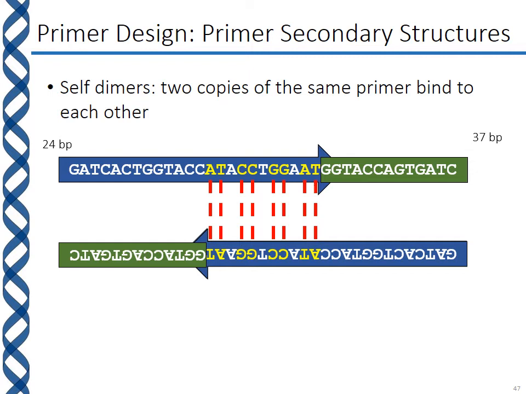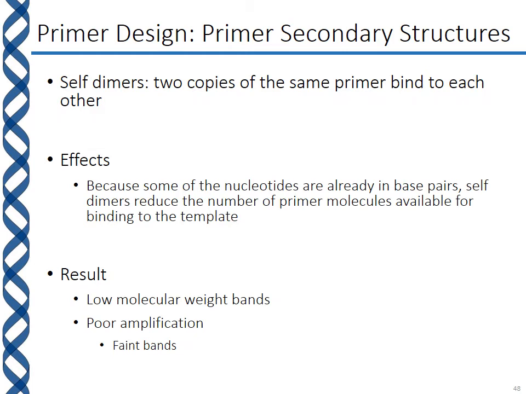And now instead of two 24 base pair primers, you have a very short amplicon of 37 base pairs, which is accidental in nature because this was the primer dimer and not your desired product.